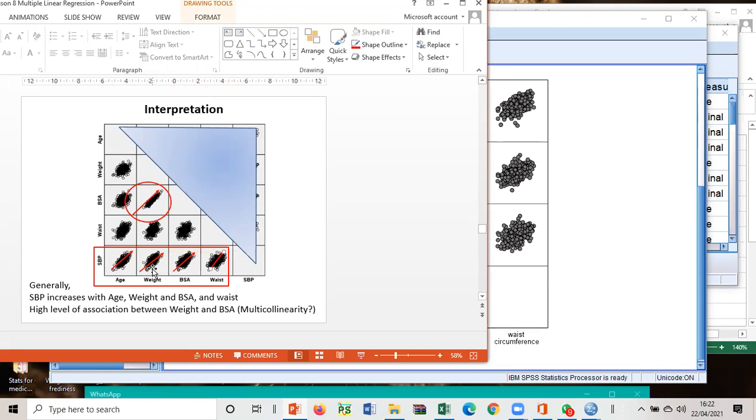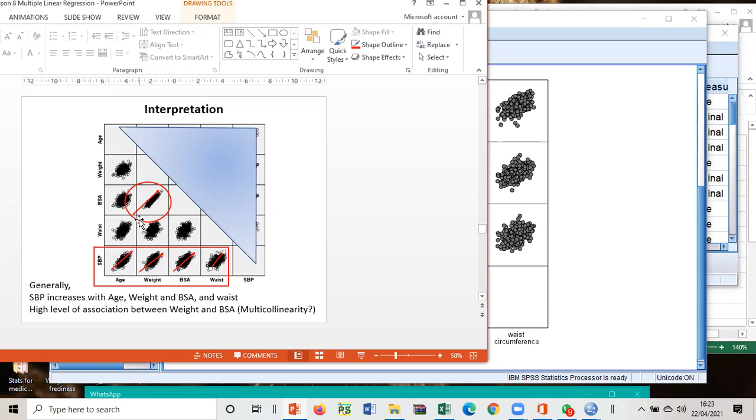Take your left hand, open 4 fingers. The index finger is age, middle finger is weight, next BSA, next waist.